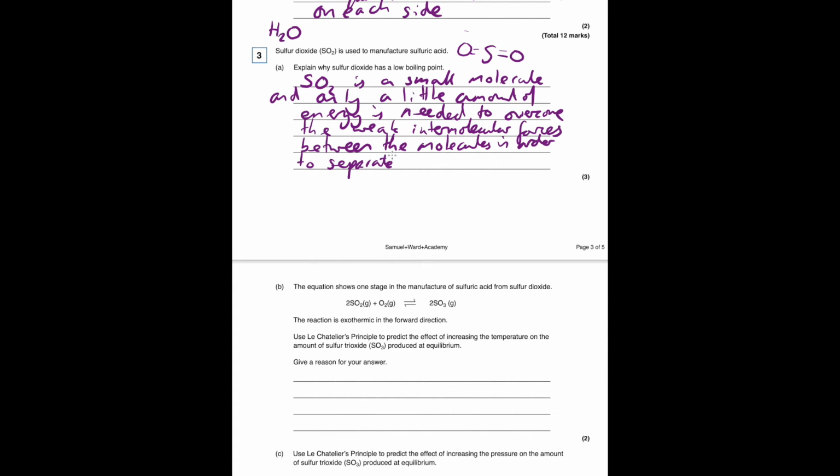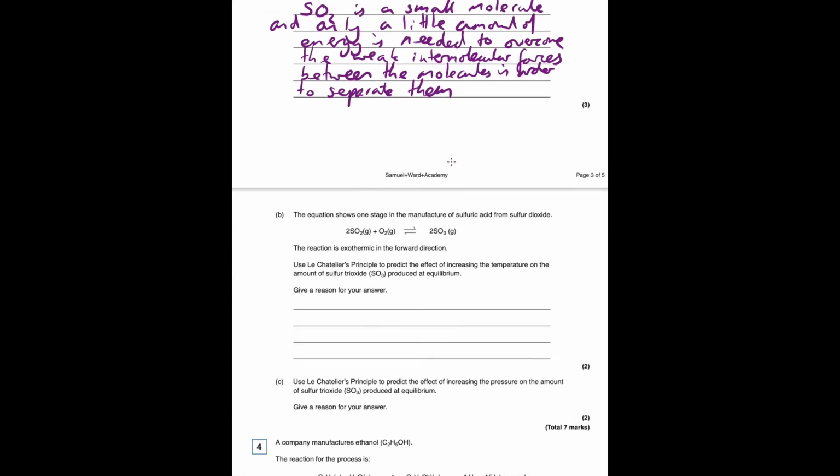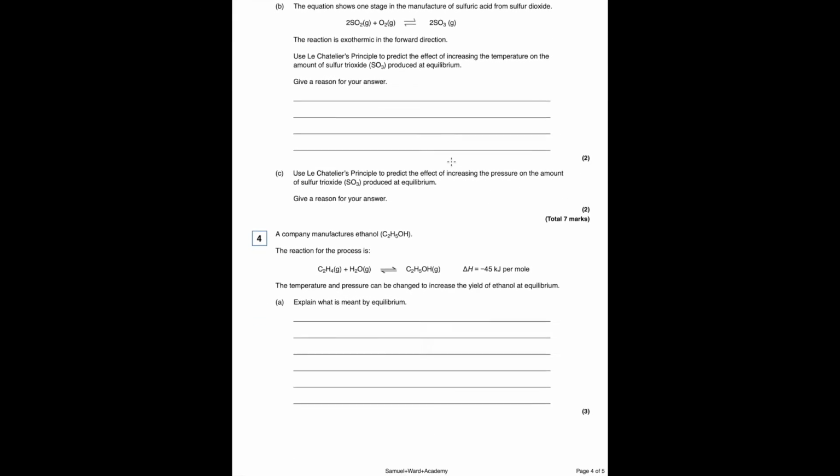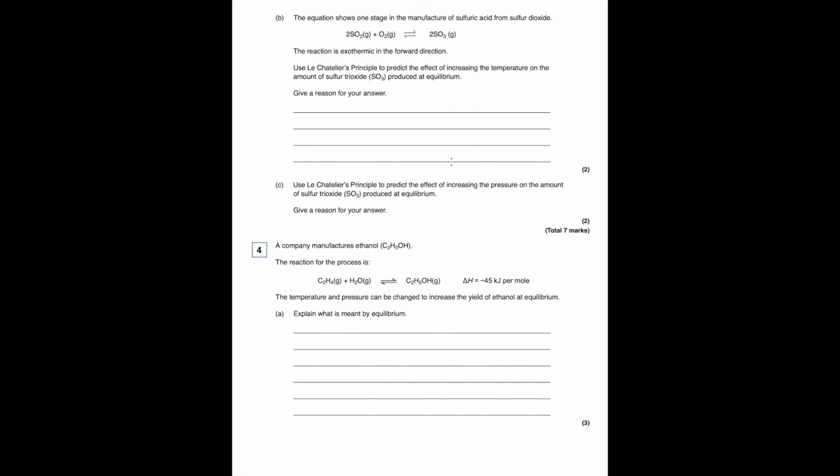Because if we're going to a gas, we want our molecules being able to move quickly, and therefore they need to be able to be moving away from each other. We need to overcome those forces.